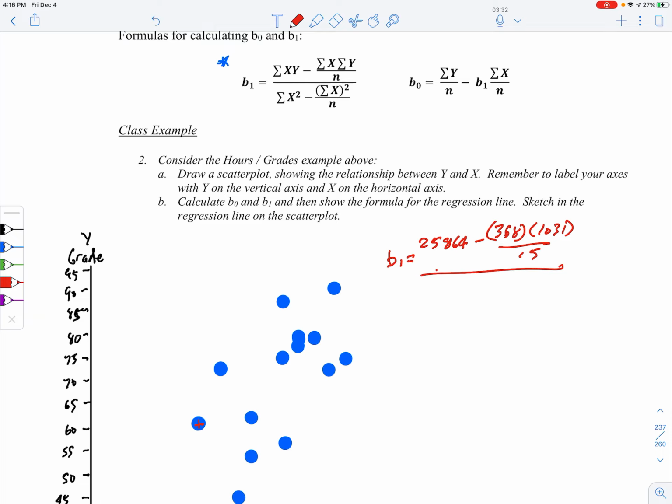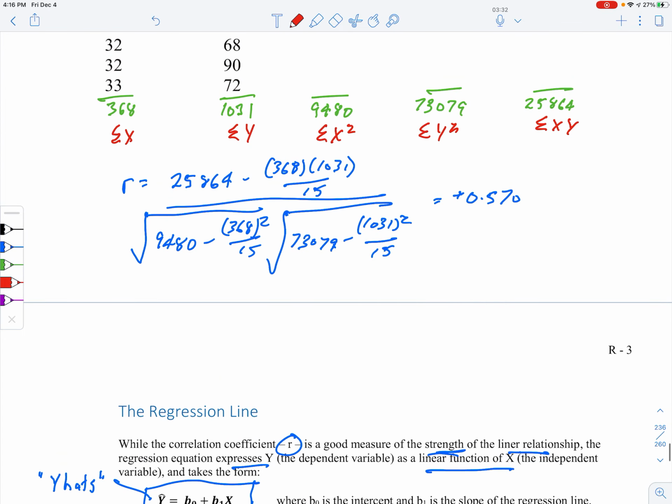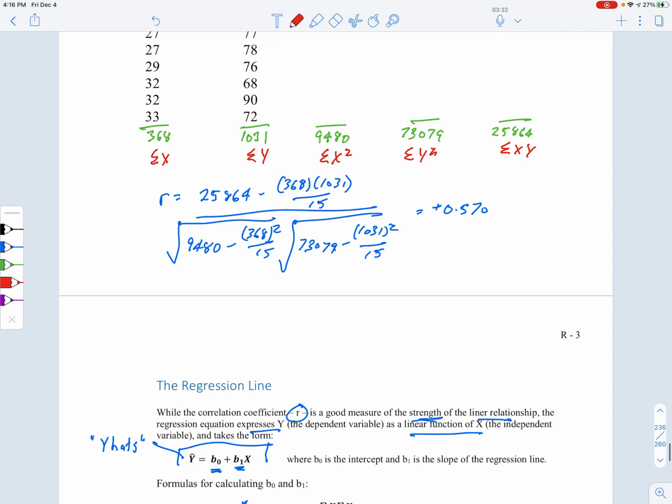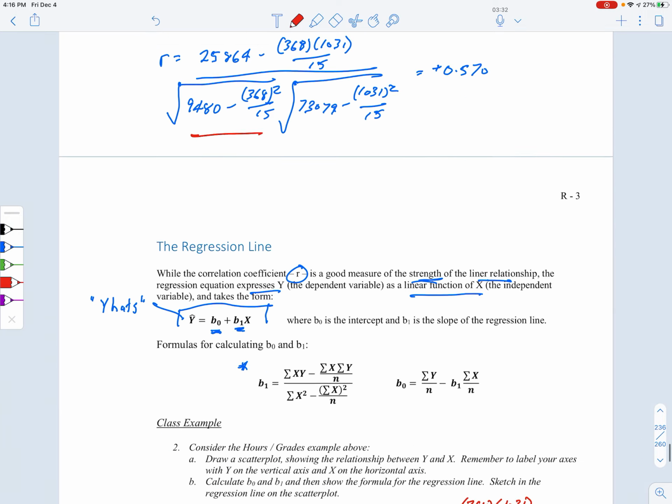And that's actually the same numerator as we had for r, if you take a look at that. And then the denominator basically is going to be just this term here, but without the square root sign.